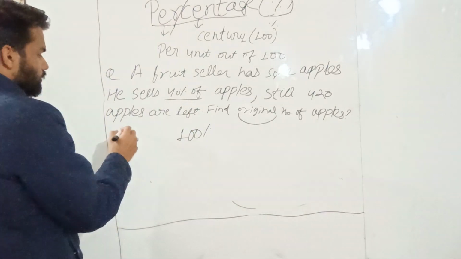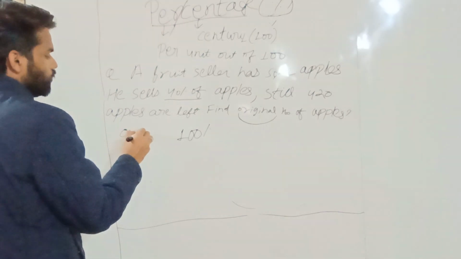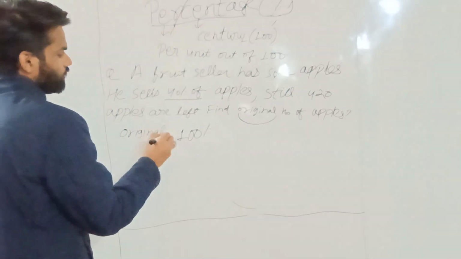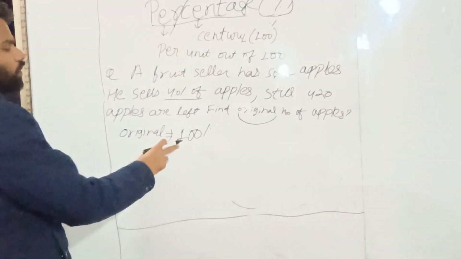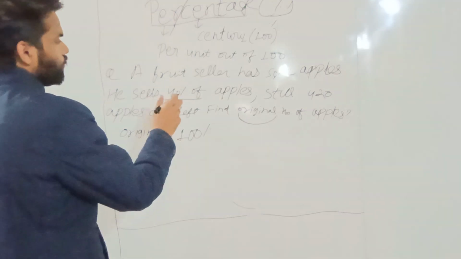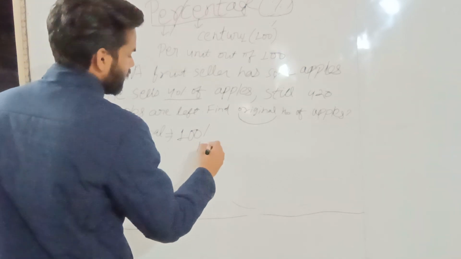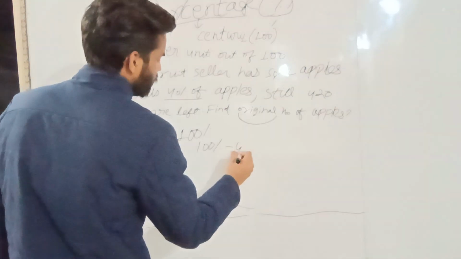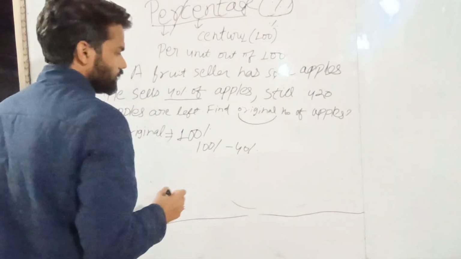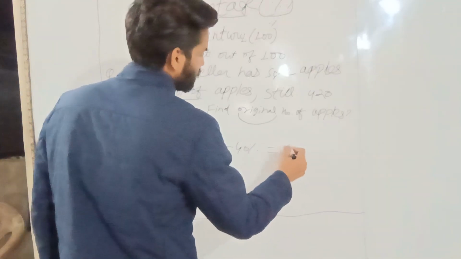Suppose their original will be 100%, and out of this 100% of apples, 40% of apples are sold. So we can write 100% minus 40%, then we will get 60%.